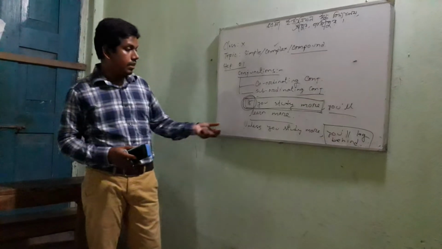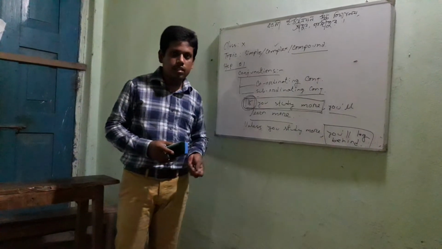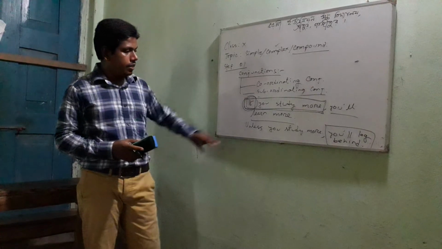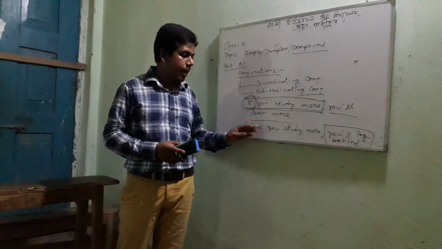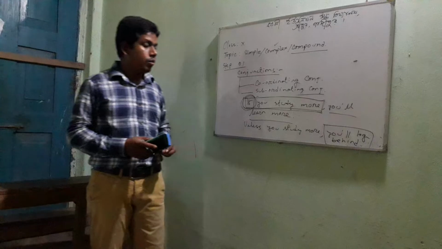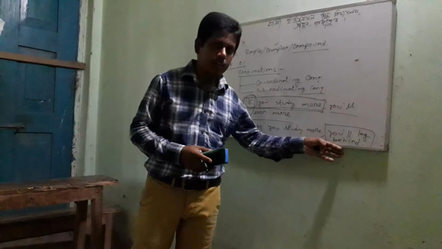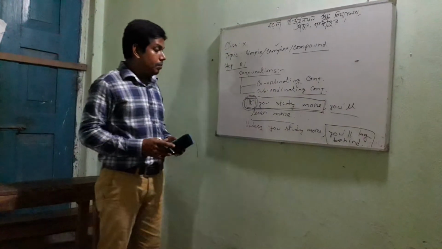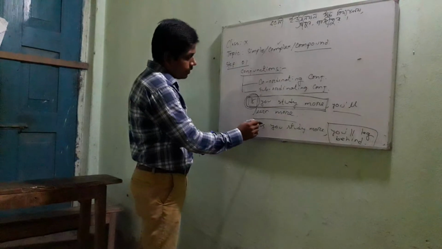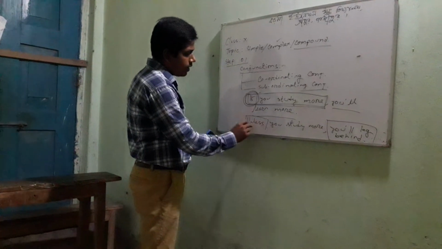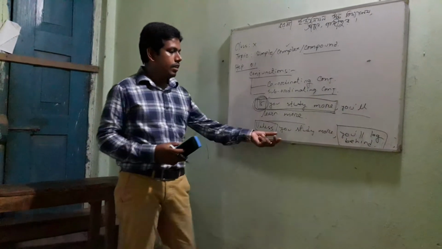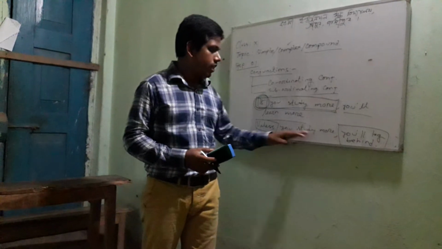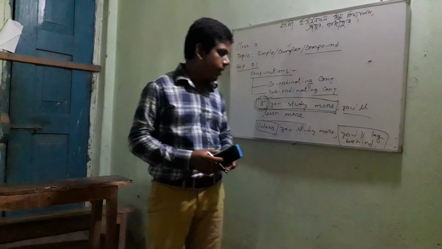But if we see "unless you study more", this part has no ability to express its meaning alone without depending on "you will lag behind". If there is no word "unless", then you will find two sentences: You study more, you will lag behind.